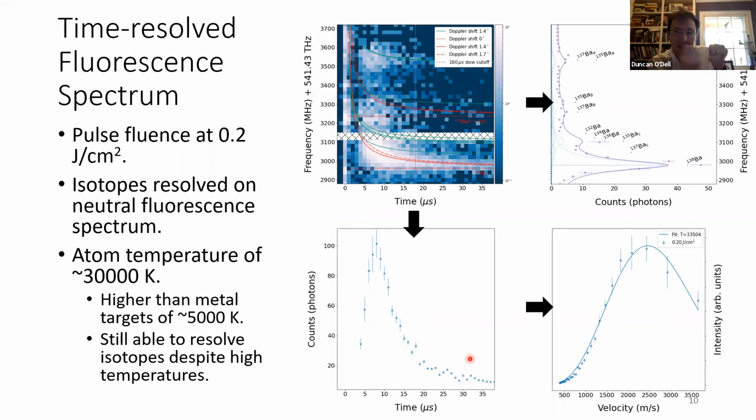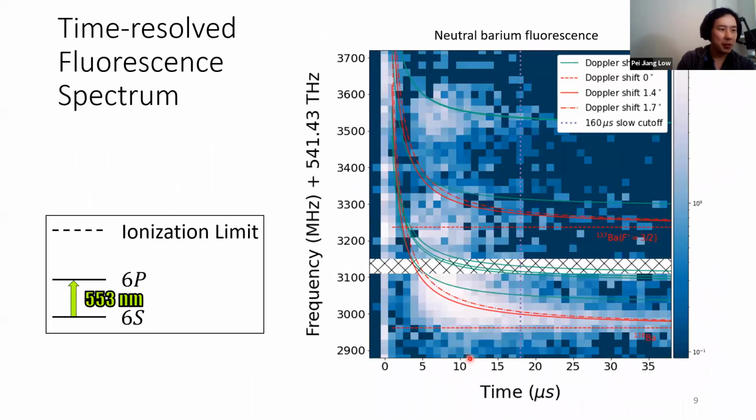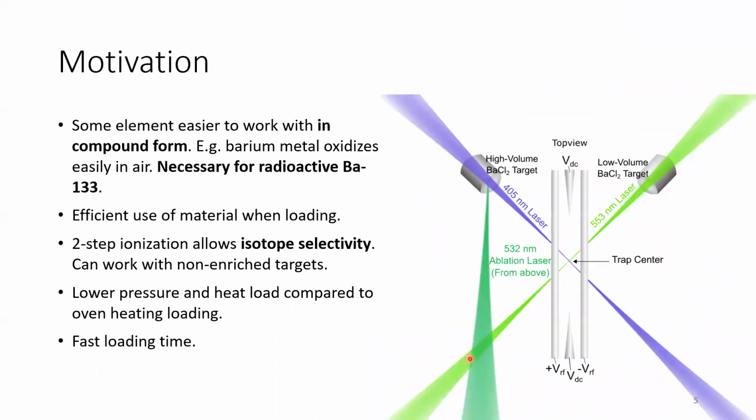Are you able to channel it into a beam, or do they come off in all directions? They probably are coming out in a conical direction. But the ones that we can pick the direction of are the ones that we ionize. So actually we can have directionality as well.